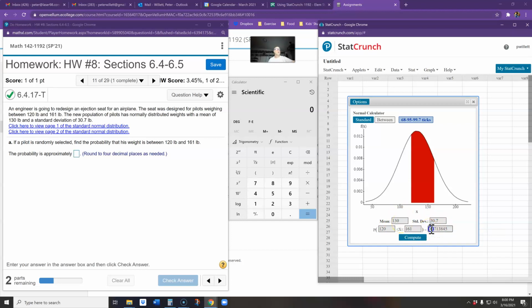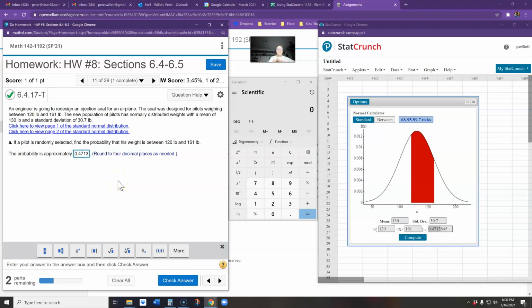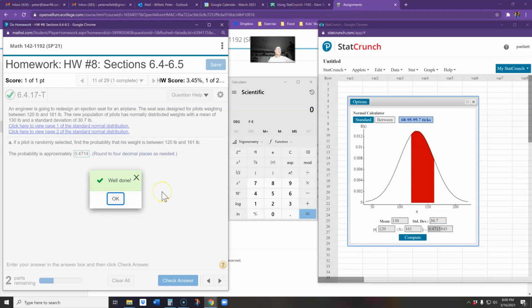So they want that to 4 decimal places. So I'm going to grab that to the 4th decimal place, and it looks like I need to round up the 3 to a 4. So that would be just like a problem we would do before we introduce the central limit theorem.